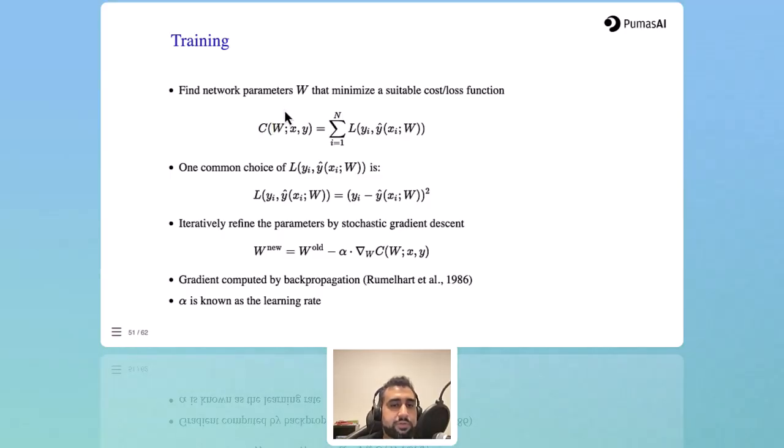So I can use multiple different initializations, and for each of them I can do a deterministic fit or deterministic training, and then pick the best at the end. So there are different ways to approach this, but when you have a large data set, stochastic gradient descent or some variation of that, often called the Adam algorithm, is used. Adam is a variation of stochastic gradient descent. It tends to be used in practice quite a lot.